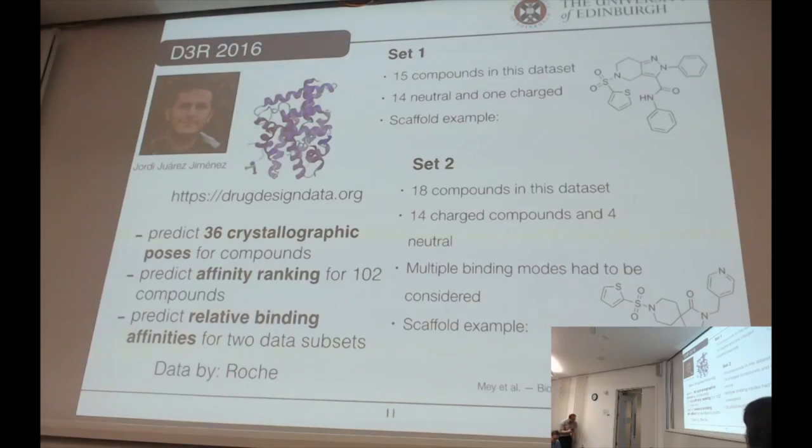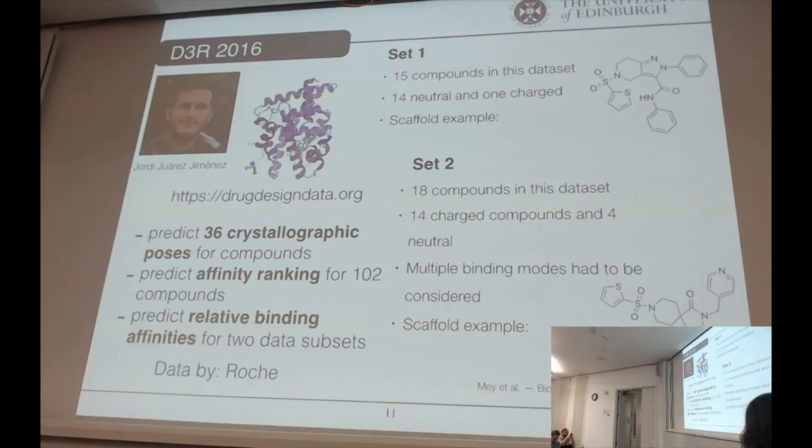Because in 2015 we weren't convinced that affinity ranking really works quite well with the methodologies we've had, and we don't want to really develop anything in that direction, we concentrated only on the relative binding affinity predictions for 2016. So you have set 1 and set 2. Set 1 has a scaffold that looks like this, and set 2 a scaffold that looks like this.